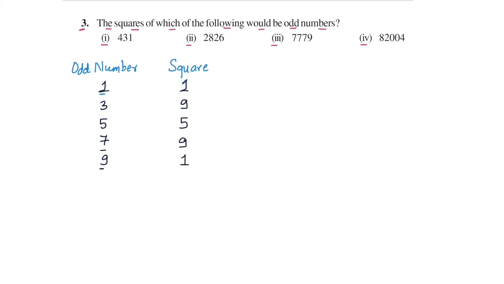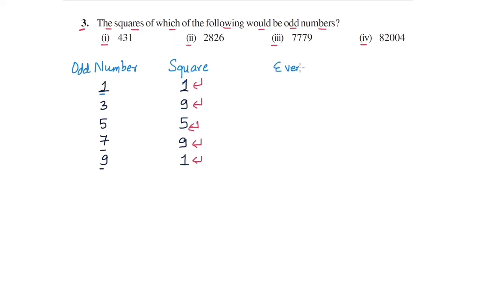So what have we observed? If we square any odd number, we get 1, 9, 5, 9, 1 as our ending digits. So on observation we can conclude that the square of any odd number will be an odd number, right?